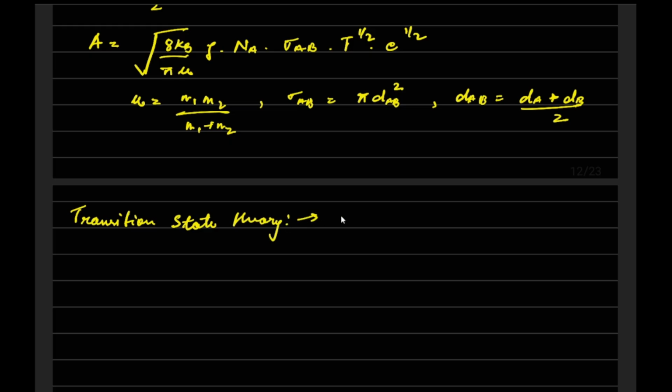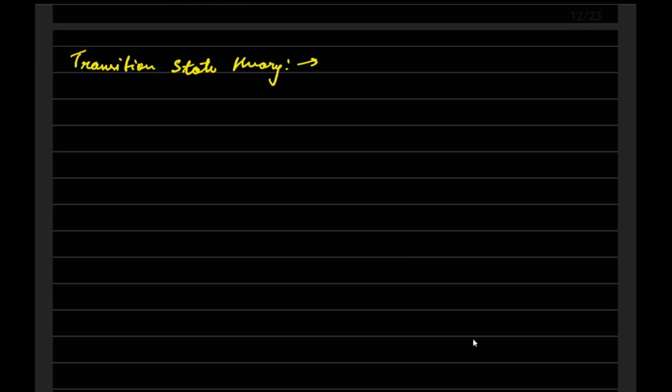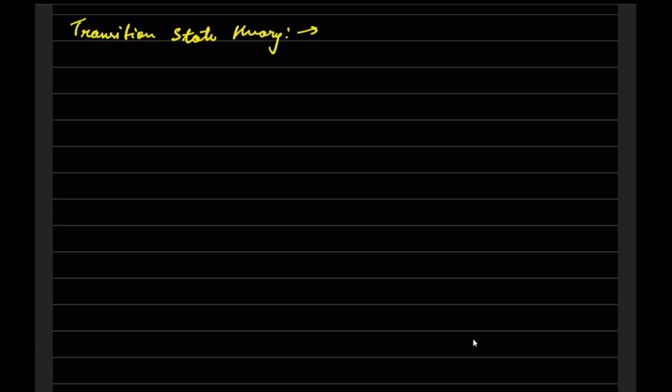In this theory, we know a transition state is nothing but the intermediate between the reactant and the product, which is formed. That is not a permanent state. It is a temporary state. The energy of the state is very high.